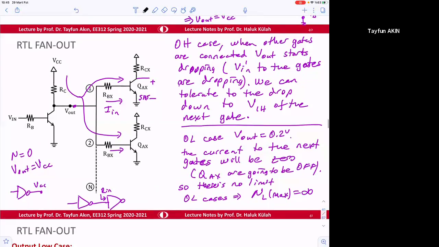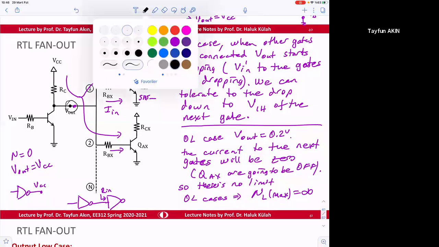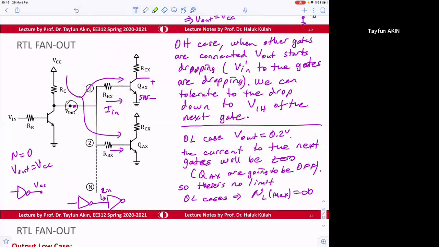So for these circuits, when we connect them to each other, we need to look at two cases for the output: output high case and output low case. Those are the cases that we need to analyze.